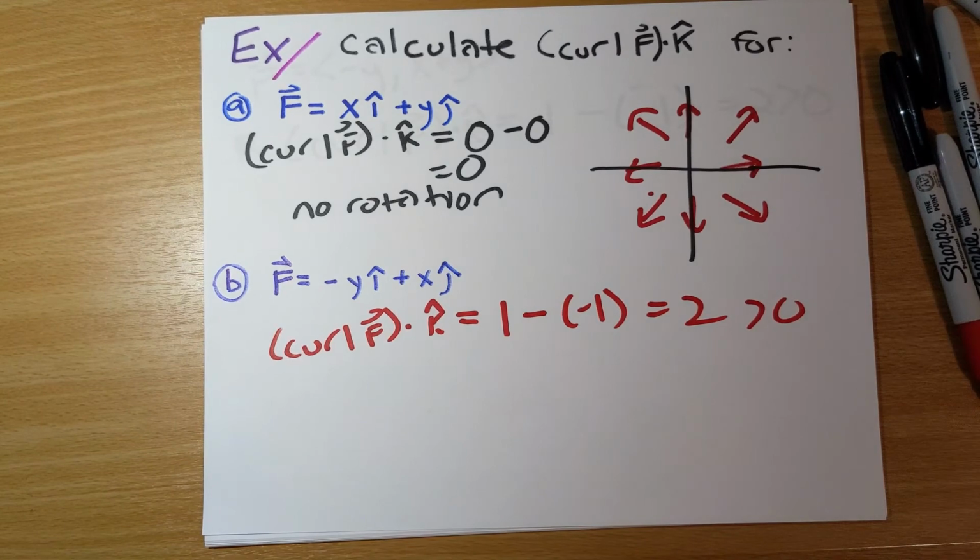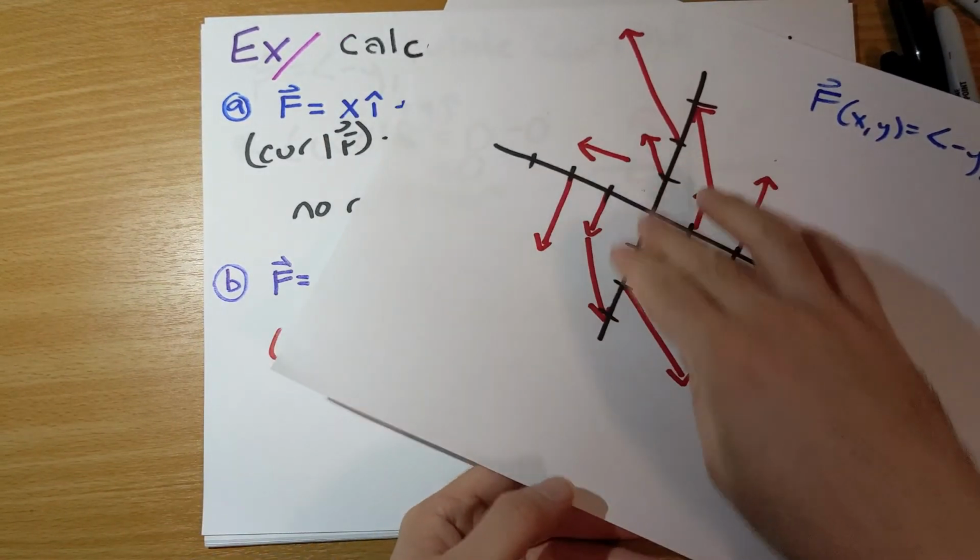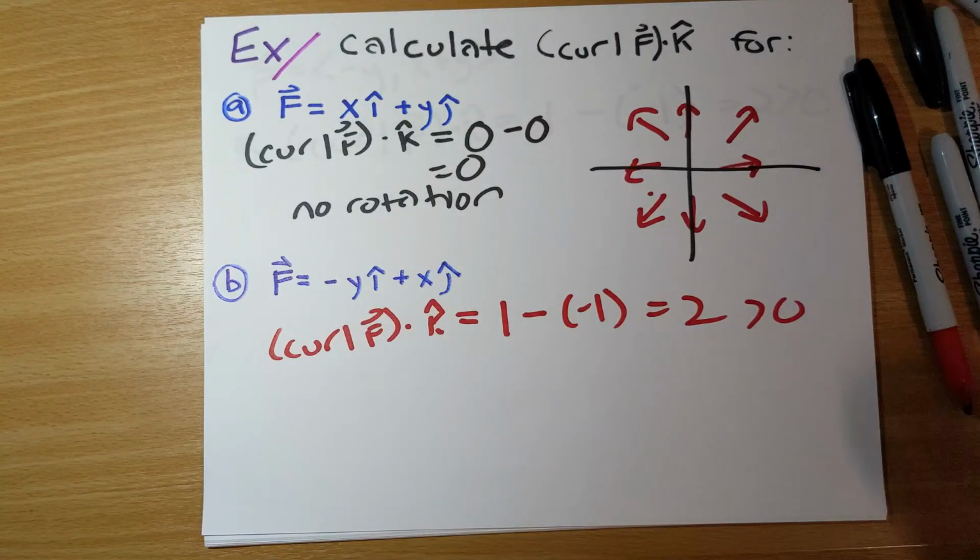Yes, there is going to be counterclockwise rotation. The picture looks somewhat similar to this. So that's an introduction to the k component of the curl. Future sections will give an overall interpretation of what the curl is, but this is what we need for Green's theorem in the plane. This is one of our definitions. The next video will have our next definition in it.